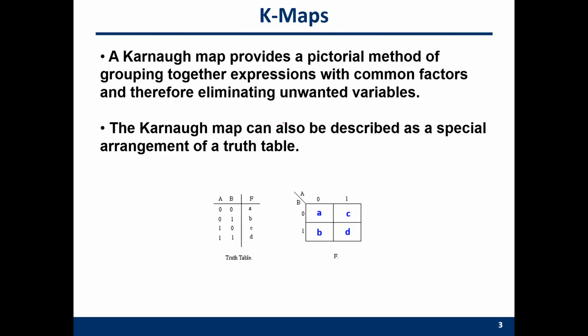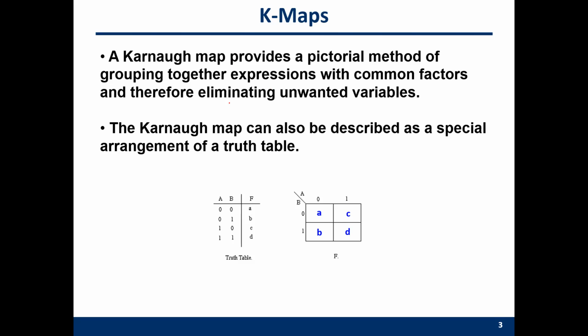So all these items are listed. K-map, truth table, sum of products, and product of sums are equivalent, which means that you can convert any one of these items to another one.